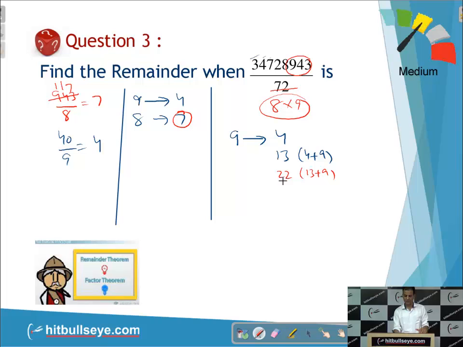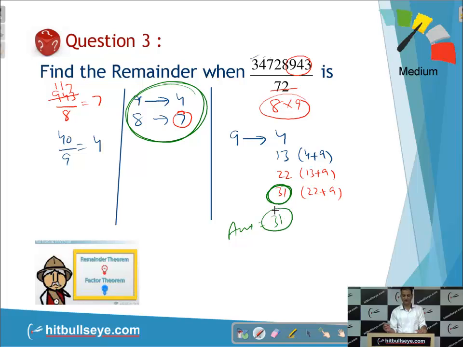Not possible. 22 plus 9 is 31. This 31 is the number satisfying both conditions. When divided by 9 it gives remainder 4, and when divided by 8 it gives remainder 7. So the answer for this question is 31.